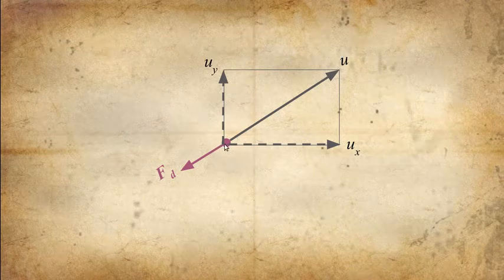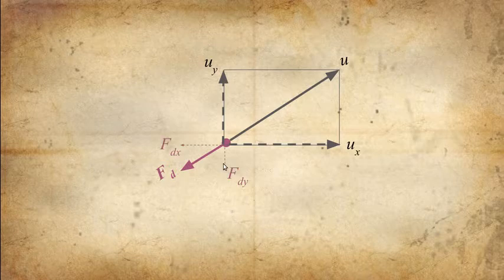So something nice to notice here is if I break out u that way into those two components, x and y, then I can break the drag force into components along those same directions. And what does that look like? It looks like I have the drag force Fd in the x direction here, and the drag force in the y direction there. And notice something about the angle here.